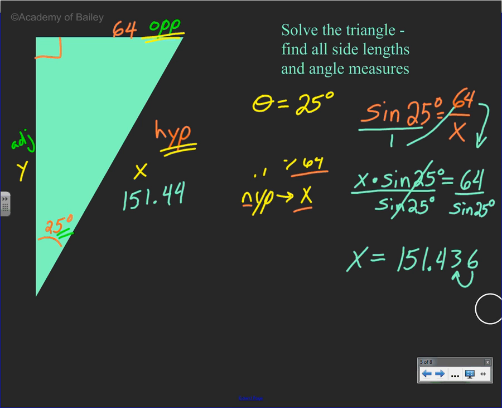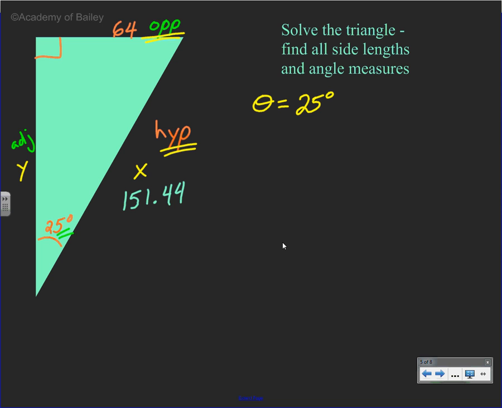Let's go ahead and get rid of our work. And now let's go ahead and find the adjacent side. If we're trying to find the adjacent side, and we know the opposite side, which trig function is that going to use?